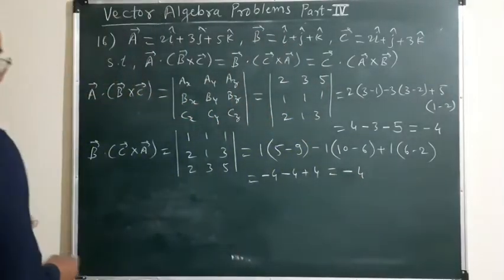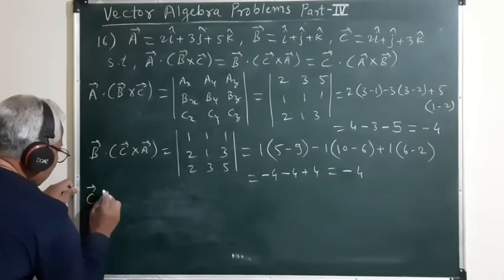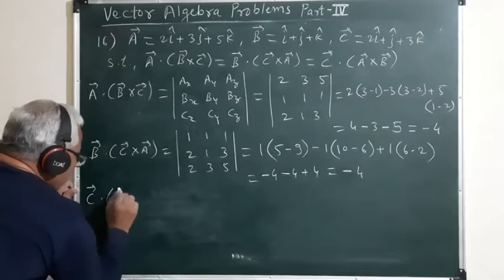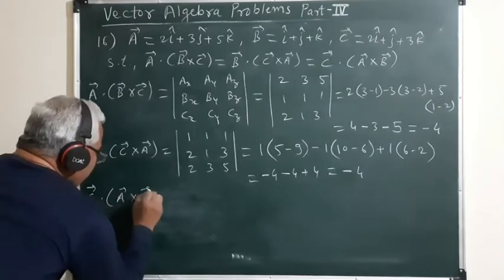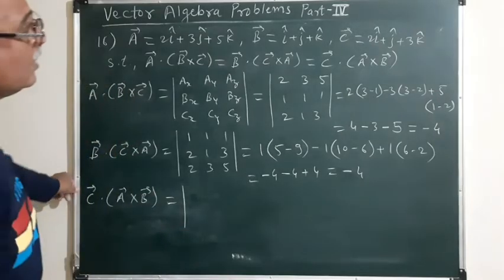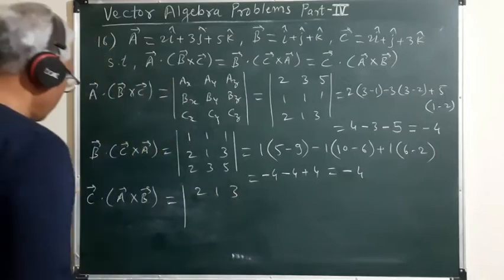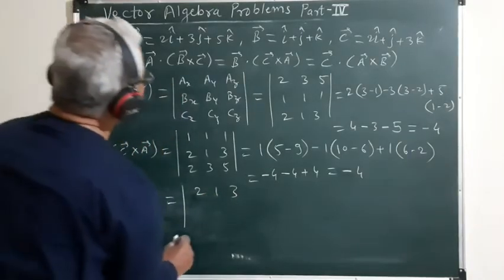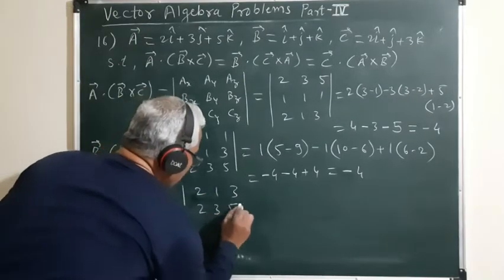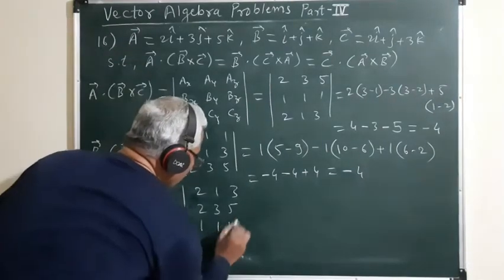Minus 4. And let us evaluate the third scalar triple product, C bar dot A bar cross B bar. So this is equal to the determinant cx, cy, cz is 2, 1, 3, ax, ay, az is 2, 3, 5, and bx, by, bz is 1, 1, 1.